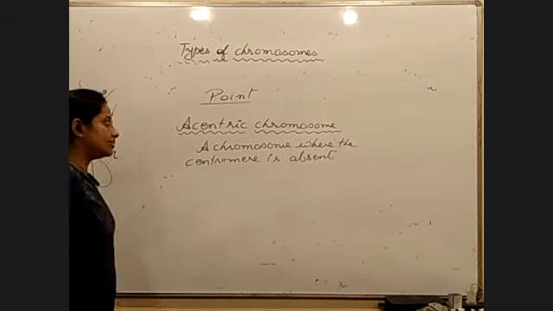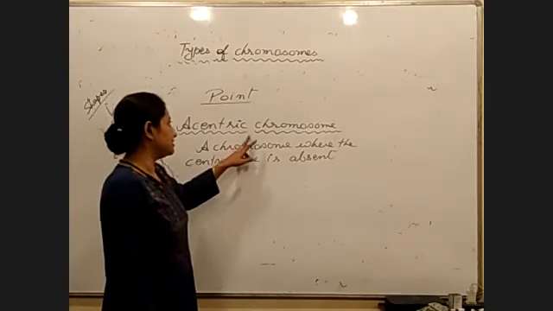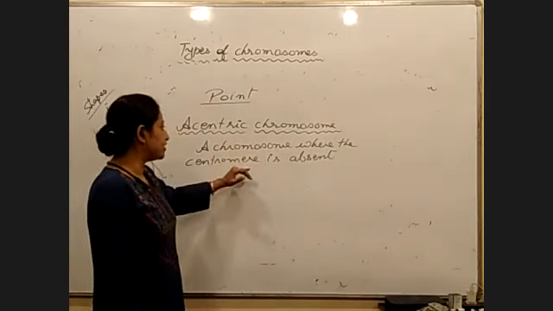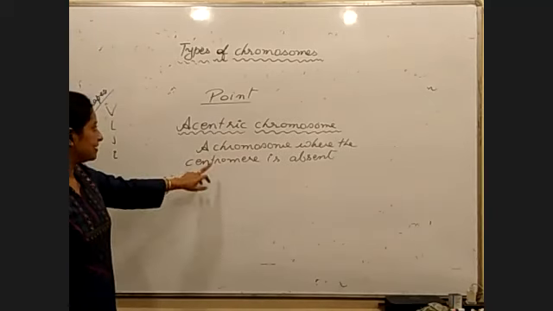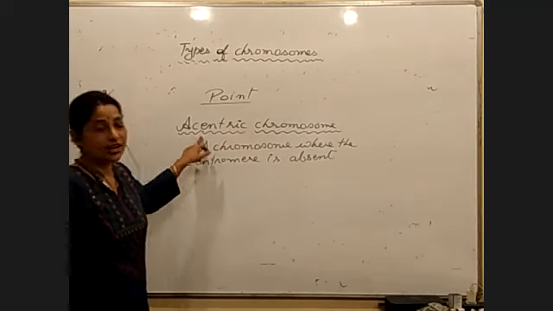Not necessarily does every chromosome have a centromere. Some special chromosomes do not have a centromere, and that is what is called as acentric chromosome.